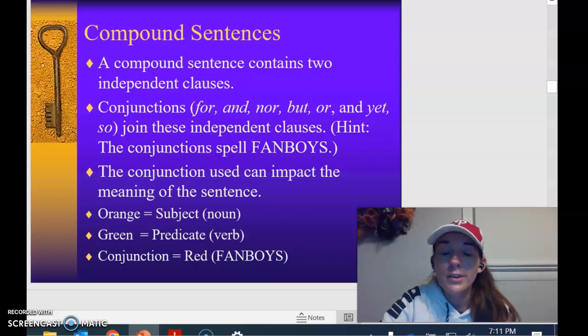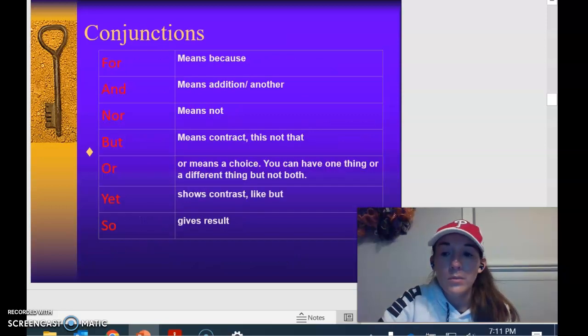So in our examples, we're going to have orange for the subject again, green for the predicate again, and then we're adding in red for our conjunctions, which is fanboys: for, and, nor, but, or, yet, so. And just in case you aren't familiar with fanboys, I also put in a brief explanation as to what each of the fanboys or conjunctions are doing in the sentence.